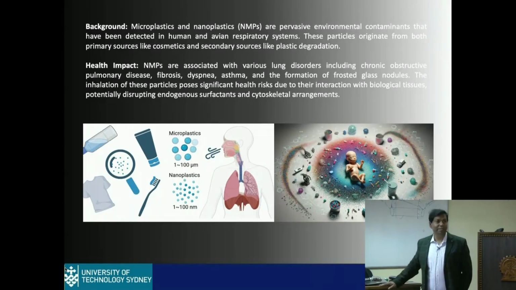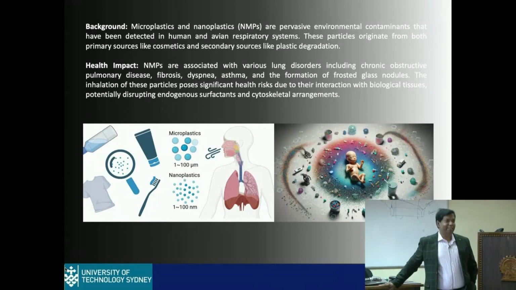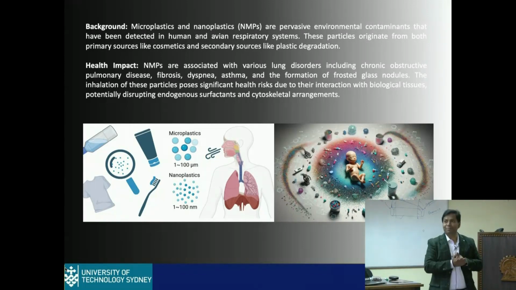So, how do they come from cosmetics? That means women are spreading it, right? It's not only women, but some face washes, I think some people use face wash. In the face wash there are some small tiny particles. If there are particles, then when you clean your face, it cleans faster and cleans nicely.